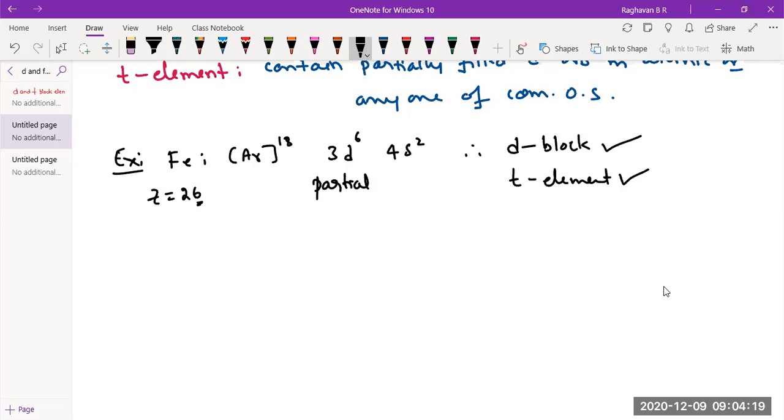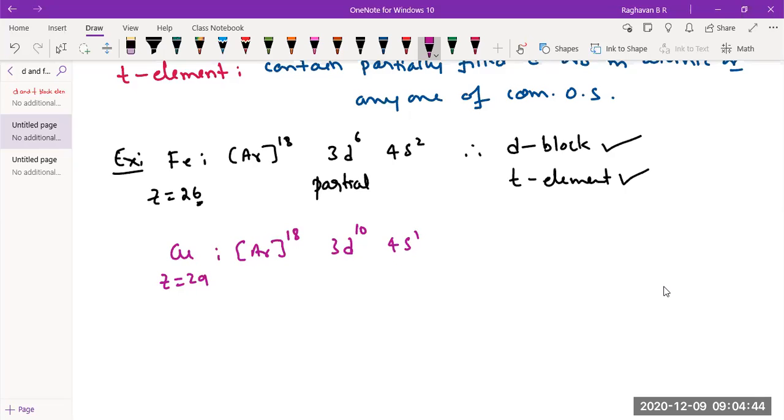Also, no problem. Likewise, we can take up another example: copper, atomic number 29. Argon 18. Actually, 3d9 it has to be, but one electron shifts, so 3d10 4s1. Now 3d10 is completely filled.